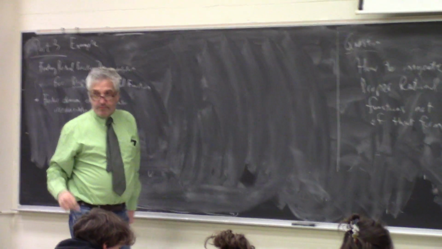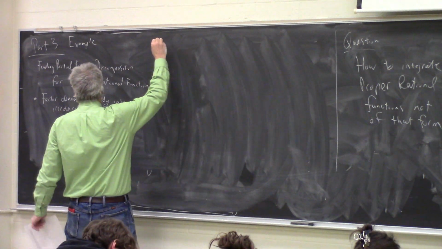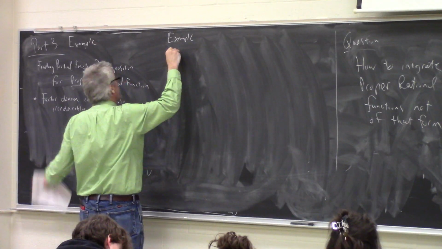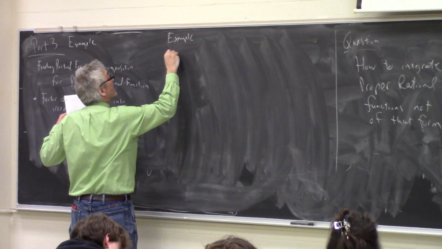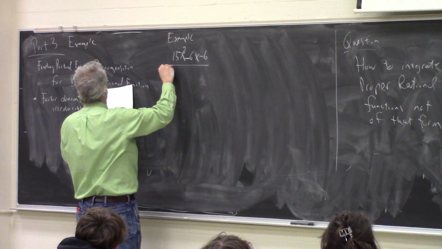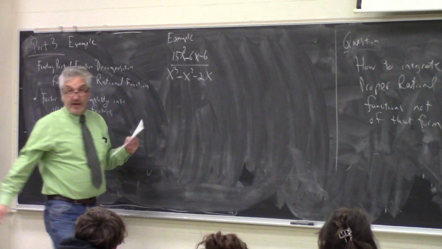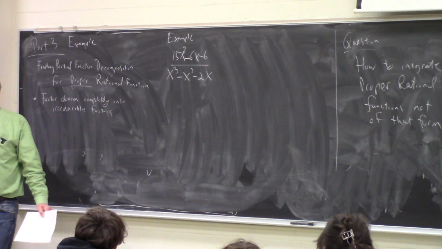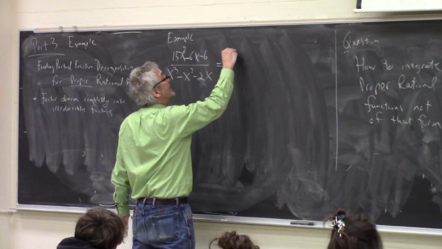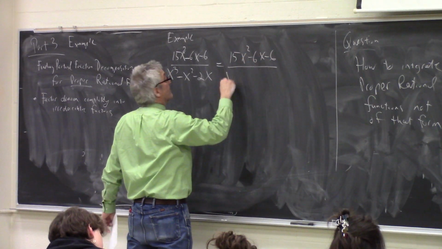While I write this maybe useless bulleted list, I'm going to apply it to this rational function: 15x squared minus 6x minus 6 over x cubed minus x squared minus 2x. Notice that's a proper rational function. We're going to factor the denominator completely. Let's factor out the x.